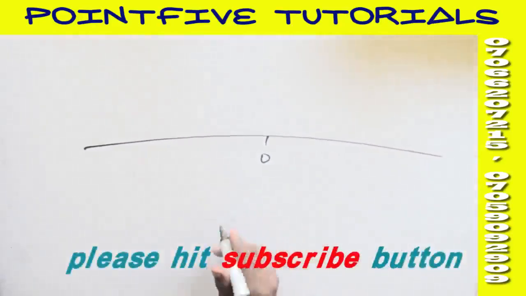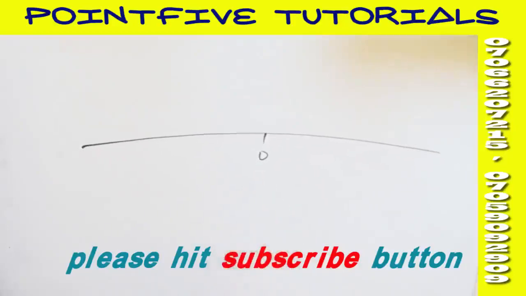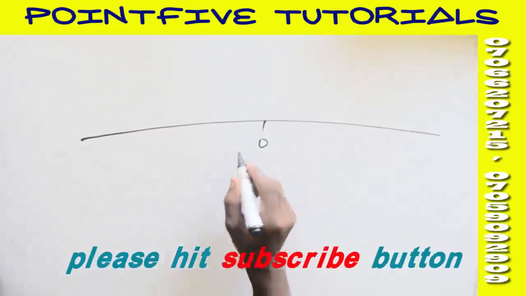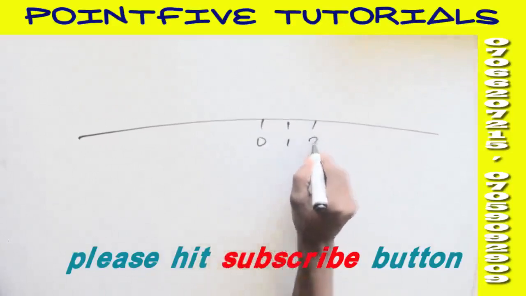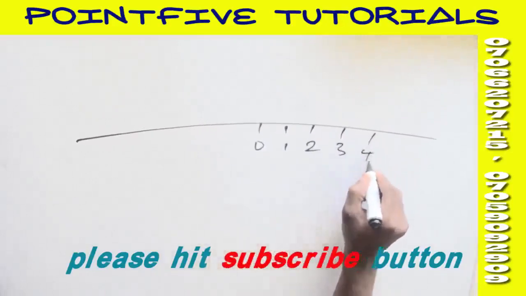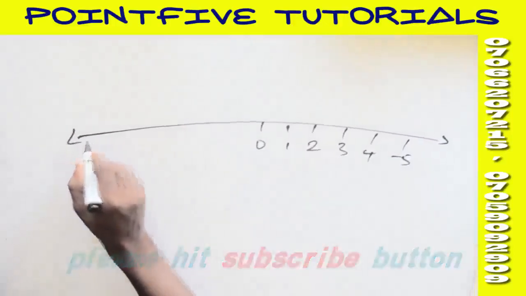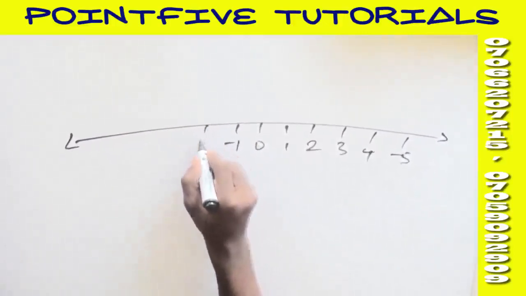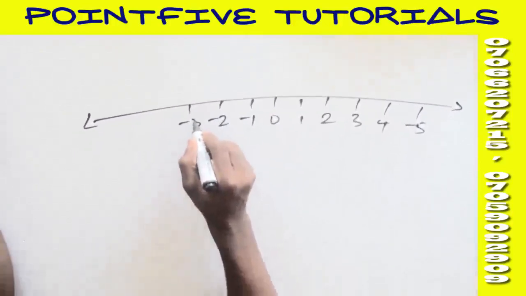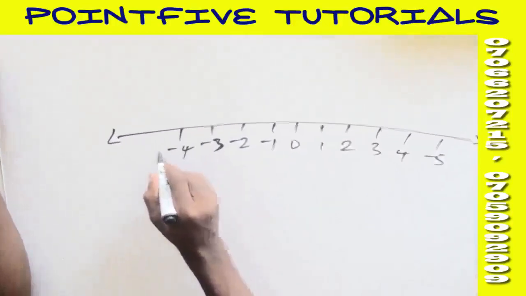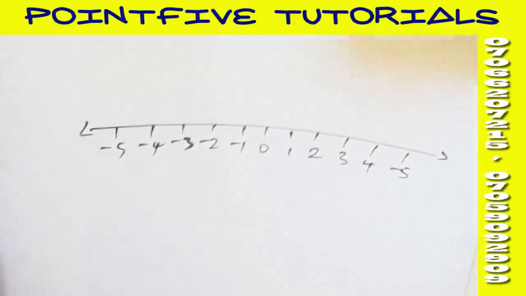In the previous video, I told you that 0 is the only number that is neither positive nor negative. I could write 1, 2, 3, 4, 5, and it continues. So I write minus 1, minus 2, minus 3, minus 4, minus 5.